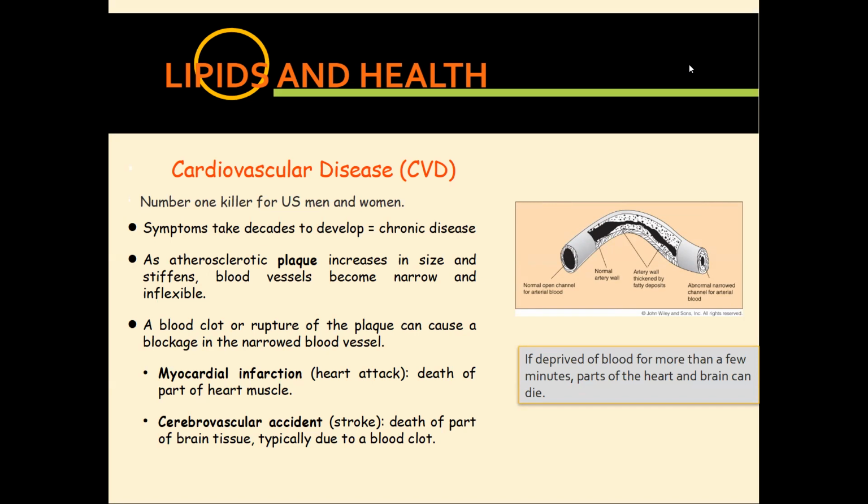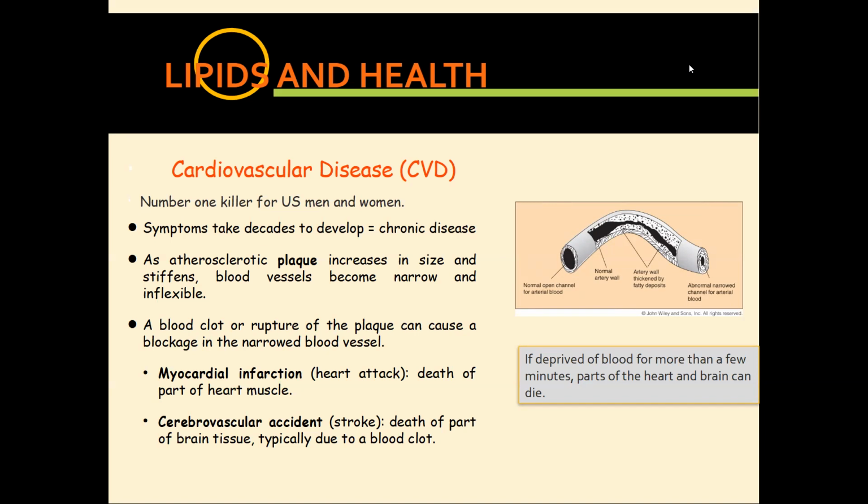We have to remember that blood supplies the heart muscle, brain, and other body organs with oxygen and nutrients. So when blood flow via the coronary arteries surrounding the heart is interrupted, the heart muscle will be damaged, okay? And that's your heart attack, also called a myocardial infarction.